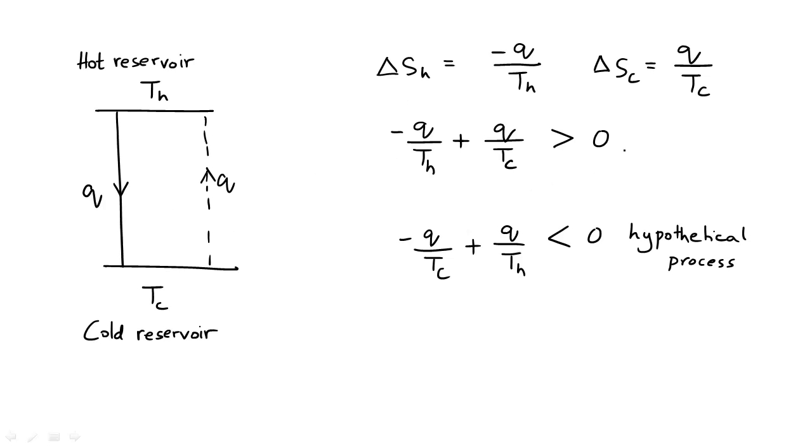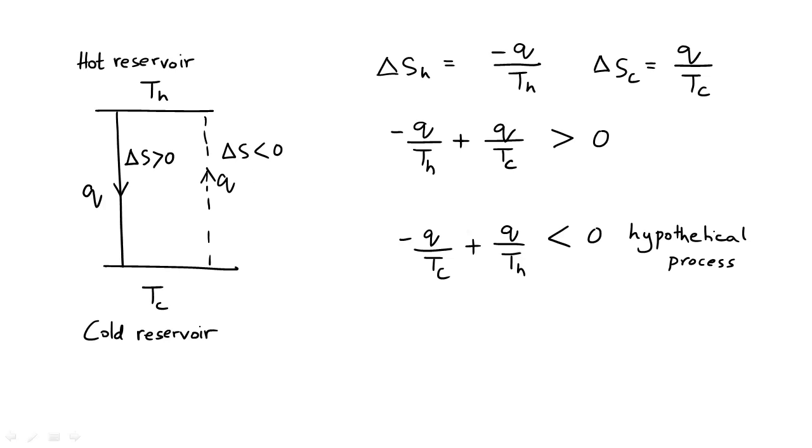Clearly, the net change in entropy is positive for a process which is allowed, while it is negative for a process which is not allowed. So delta S greater than 0 for this allowed process and delta S less than 0 for this process which is not allowed.